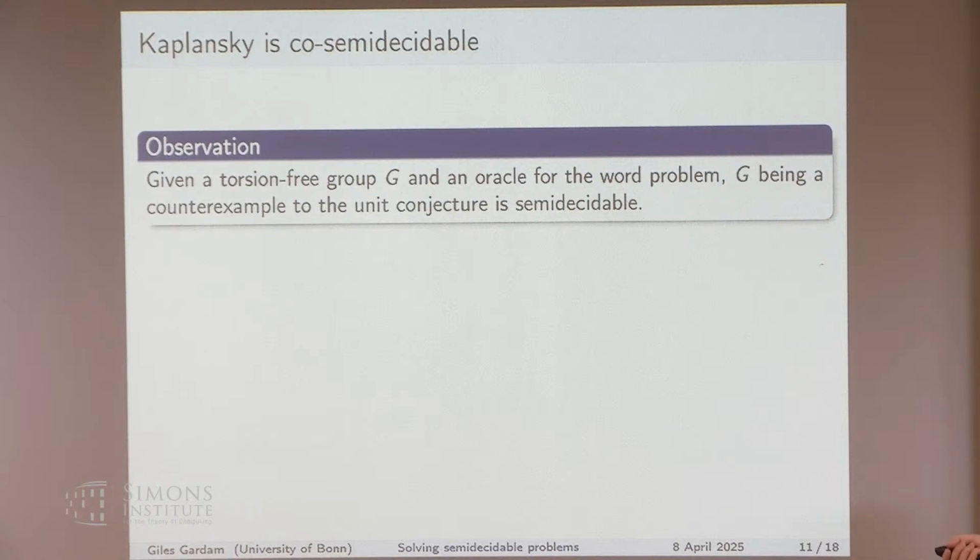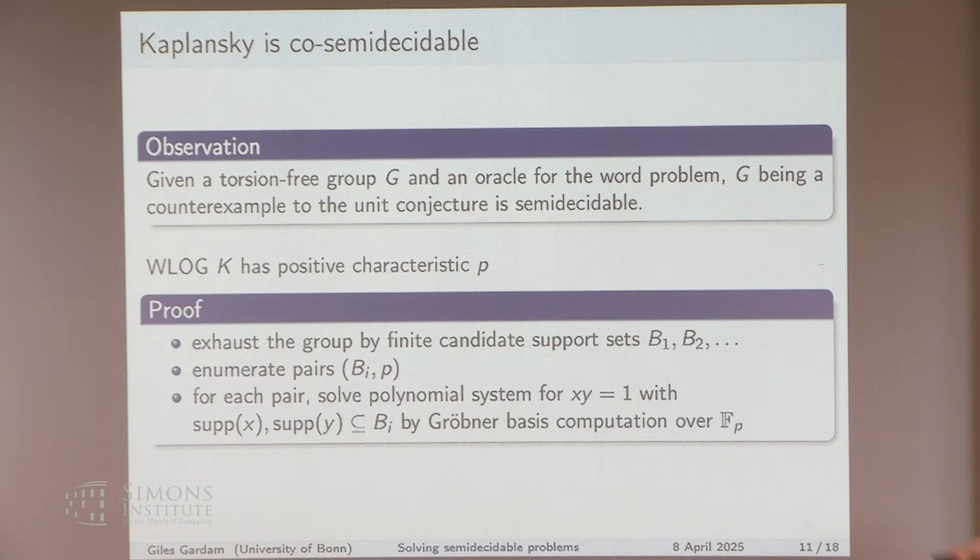In particular, if there's any characteristic p field, and also p equals 0, for which we have a non-trivial unit, then it also works for your favorite algebraically closed field of characteristic k, and that's something we can decide. Characteristic p. Right. So a small observation, it's not really important, but we also can just assume that the field has positive characteristic if we like. So if there's solutions in characteristic 0, there's also a positive characteristic.